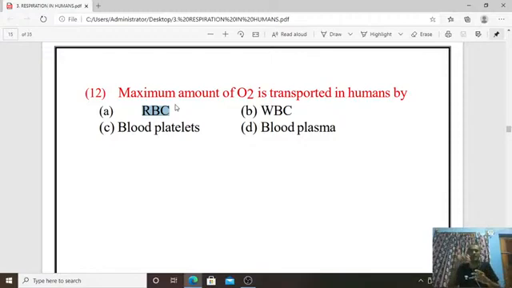Plasma has water content, so the share is very small, because oxygen does not readily dissolve in the water content of the plasma. About 97% is transported through the hemoglobin molecule present in the RBC. So the answer is A for question number 12.